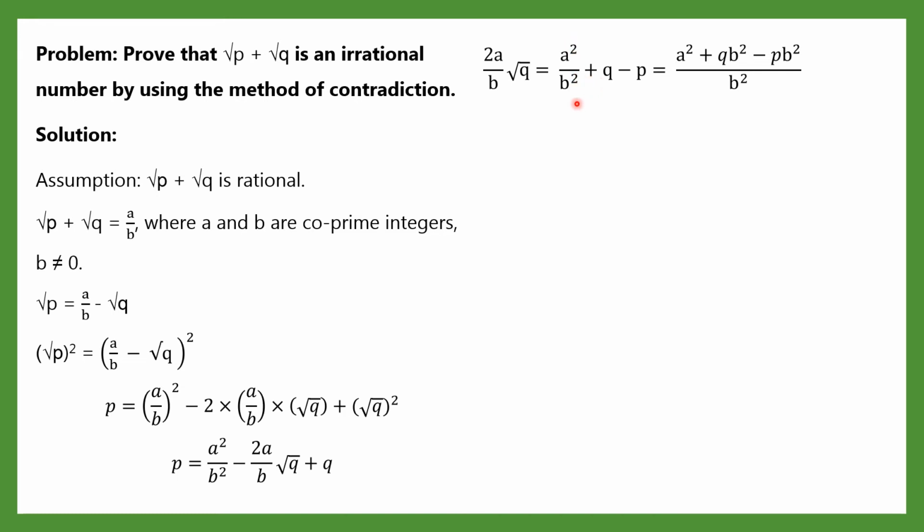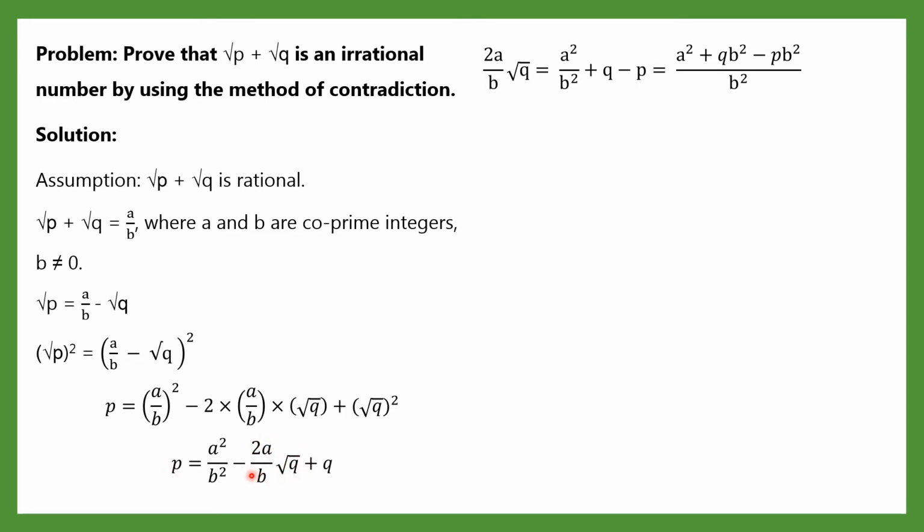Here this term includes the irrational part, so take this term to the left side. We are doing two transpositions at once: 2a by b root q to the left side and p to the right side.